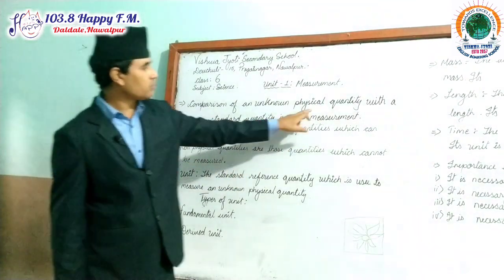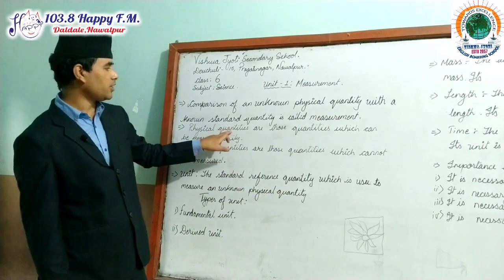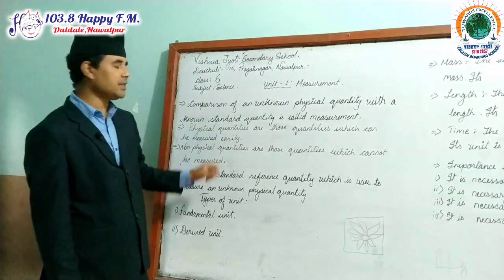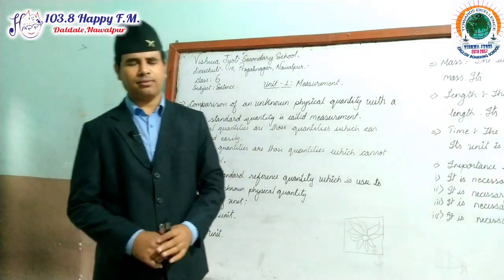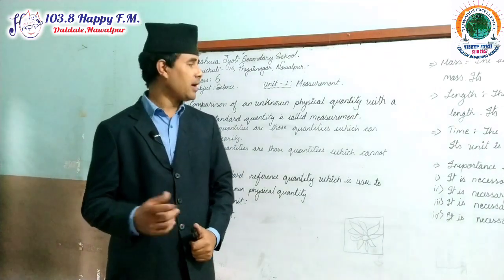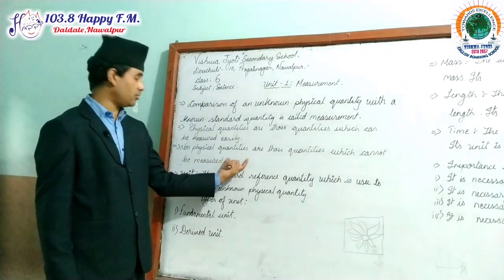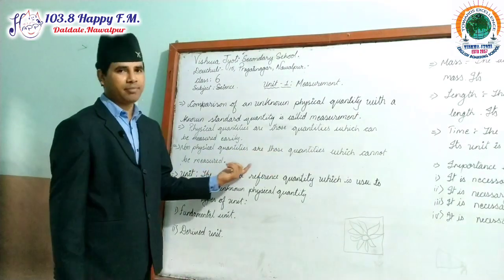Now this physical quantity has its own definition. Physical quantities are those quantities which can be measured easily. Now there are non-physical quantities also. Non-physical quantities are those quantities which cannot be measured.